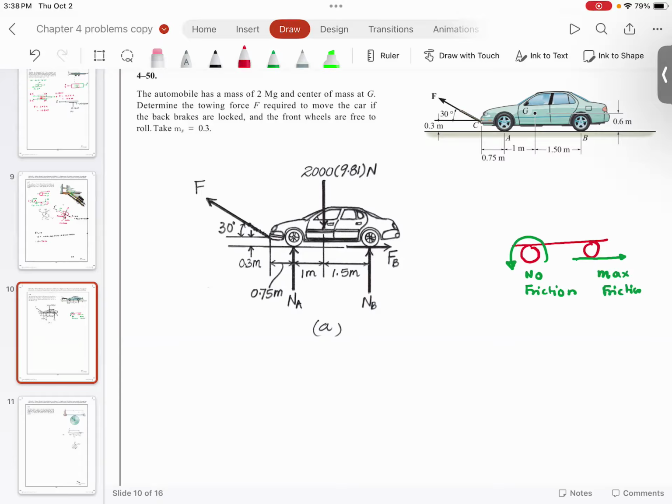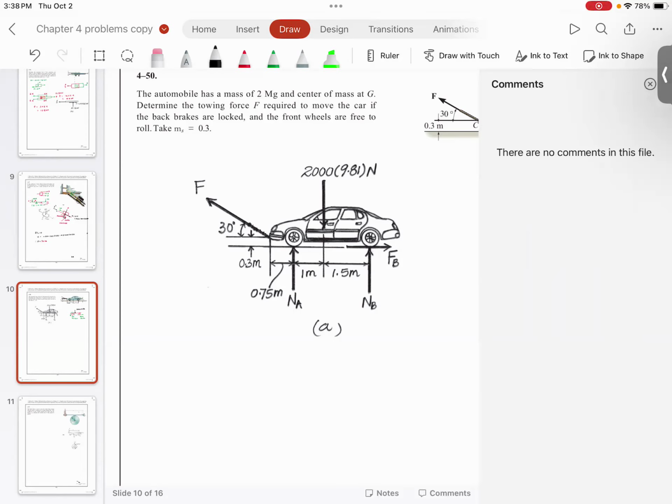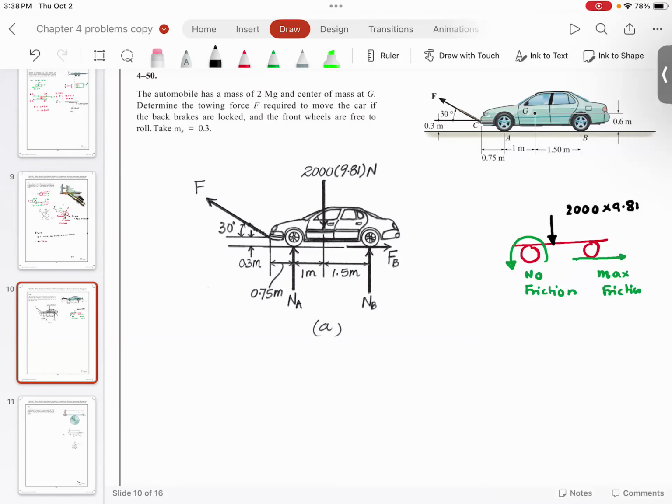And then you have 2000 times 9.81, which is the weight of the vehicle. Then you are going to have one normal reaction here, and one normal reaction here. And then you are going to have a force, a towing force, which is F.